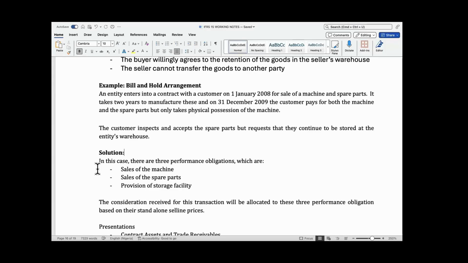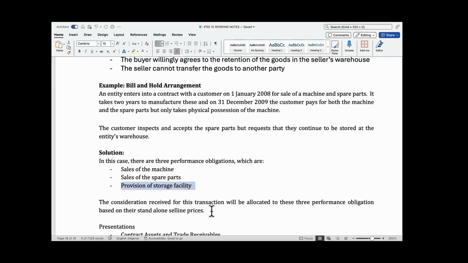And if you remember step 4, you need to find a way to allocate the money you are collecting for the goods among the goods and this storage facility based on their standalone selling price. So meaning that you need to get, if we're going to be charging this customer for this storage facility, how much are we going to be charging?